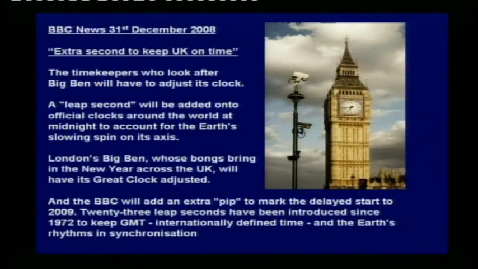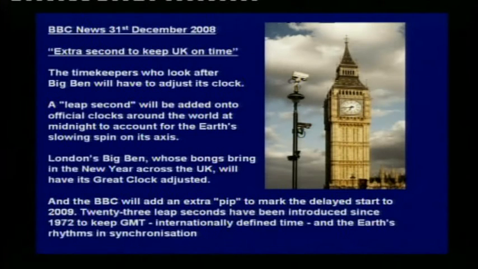The timekeepers who look after the Big Ben will have to adjust its clock, because a leap second will be added onto official clocks around the world at midnight to account for the Earth's slowing spin on its axis. London's Big Ben, whose bongs bring in the new year across the UK, will have its great clock adjusted. And the BBC will have to add an extra pip to mark the delayed start to 2009.